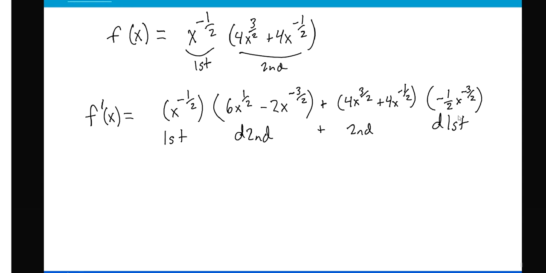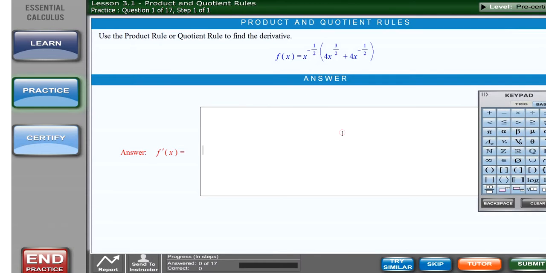Okay, so I'm going to flip over to the other screen, and I'm just going to type in what we had written there. So x to the negative 1/2 times 6x to the 1/2 minus 2x. Oops, excuse me, I hit the wrong button.